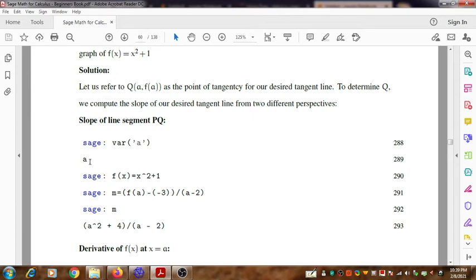At the point a. The slope of the tangential line at the point a. Since the line passes through the point a, f(a).